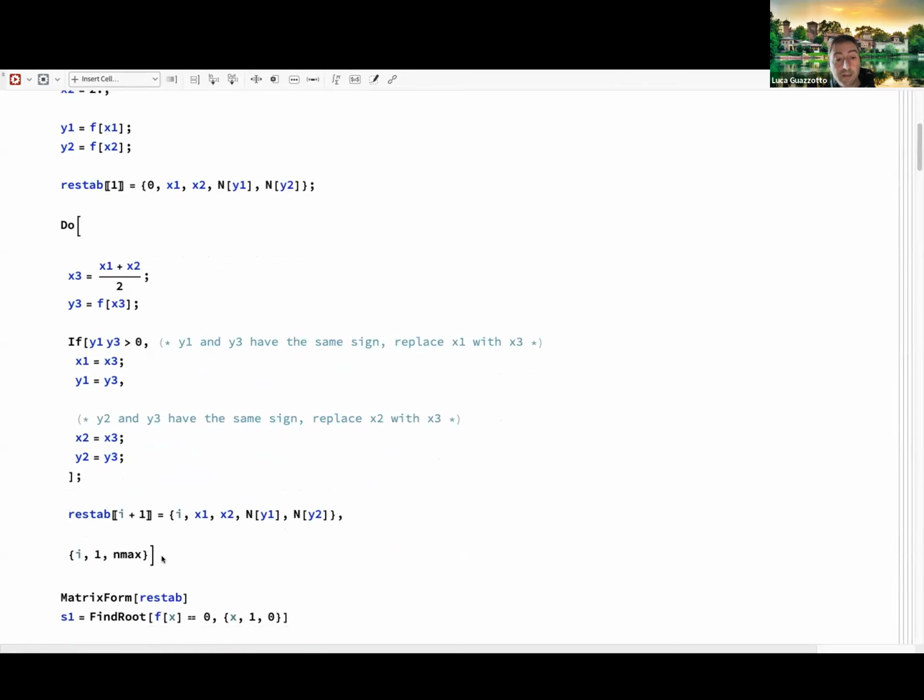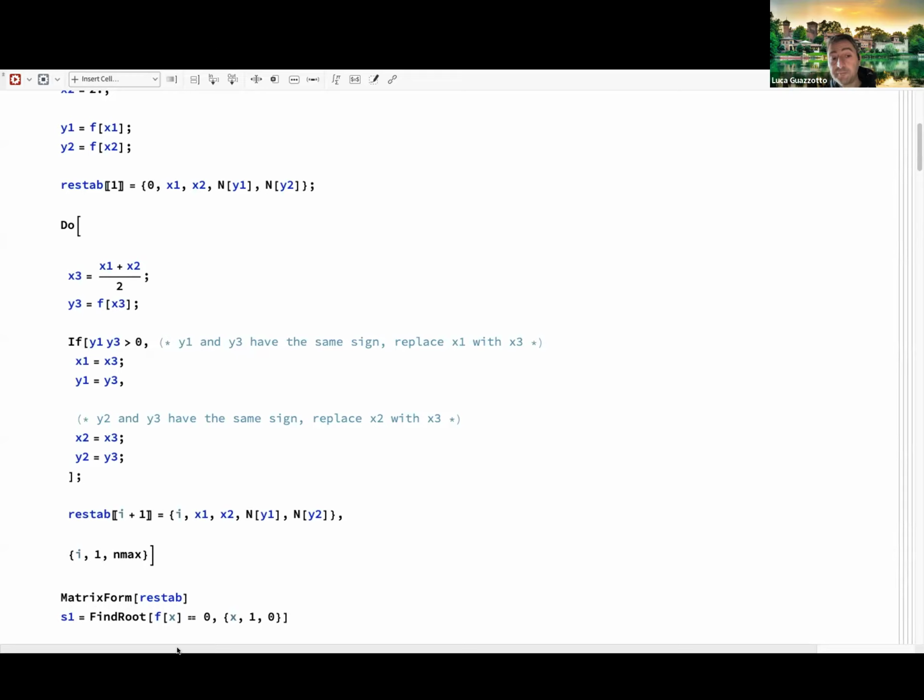Okay. And then I'm also going to tell Mathematica to use FindRoot, the built-in algorithm that finds the value. I know that the answer is square root of 2, so I could just tell Mathematica to calculate the square root of 2. But this code I can use in general.